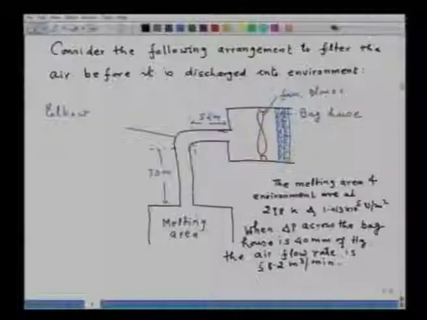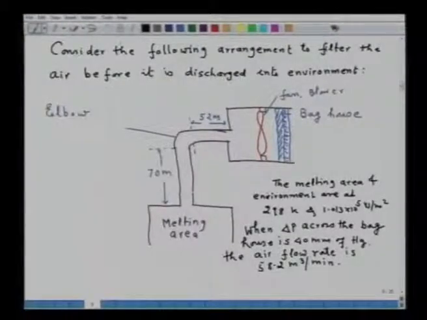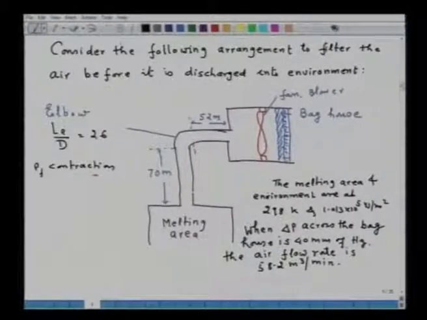It is also given that the elbow, as shown in the diagram, you can consider for the evaluation of the frictional forces. The elbow has an equivalent length, that is LE upon DE, equal to 26. You can also consider EF for contraction, that is equal to 0.4, and EF for expansion, that is equal to 0.81.